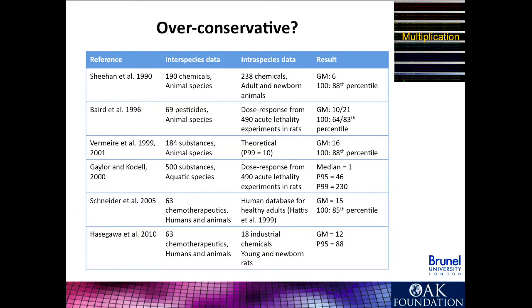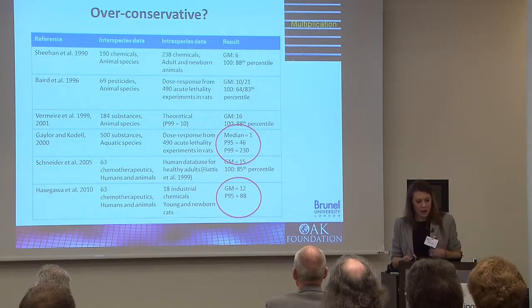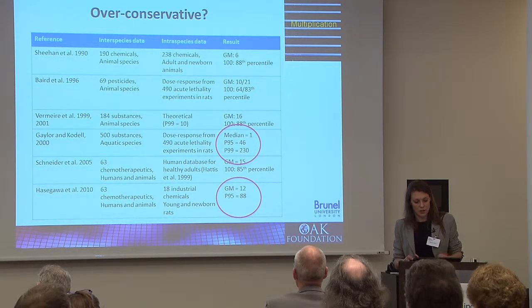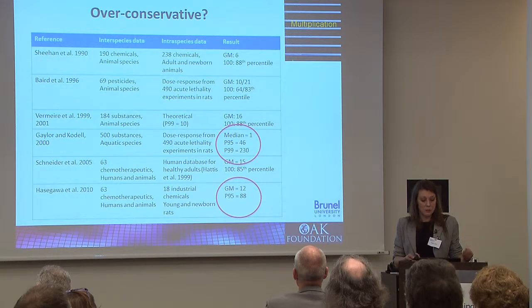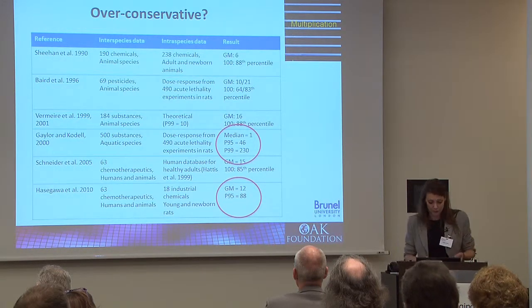So we also looked at authors that have done these kind of probabilistic approaches and multiplied this distribution to look at what they found. And a couple of those found that you'd probably be okay with a factor of 100, but we had some issues with some of the distributions or the assumptions they made.